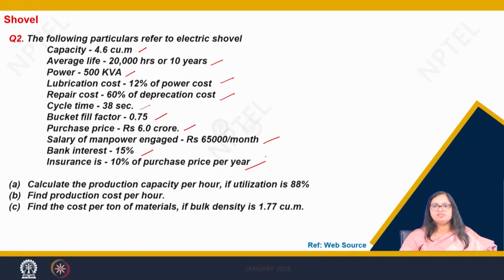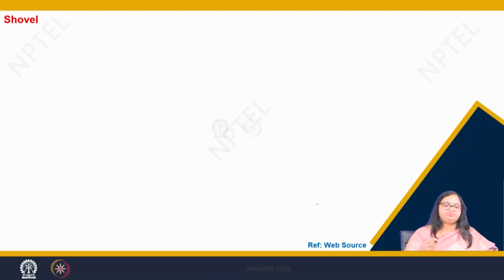Now, what is asked in the question is calculate the production capacity per hour, where the utilization factor is 0.88, which is 88%. Then find the production cost per hour, and find the cost per ton of material if bulk density is 1.77.